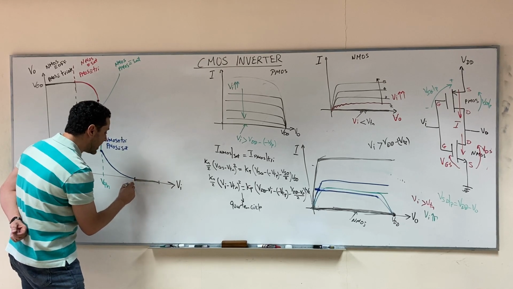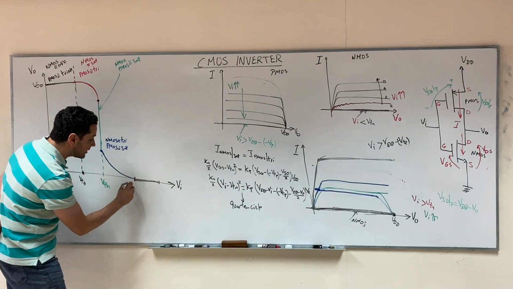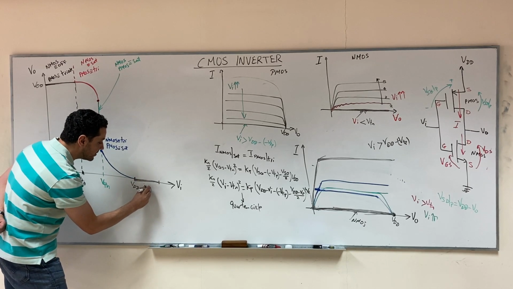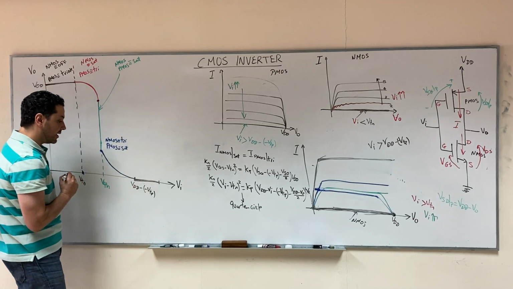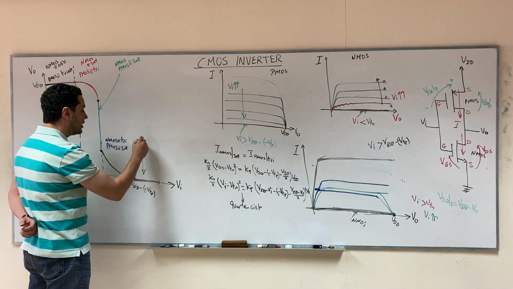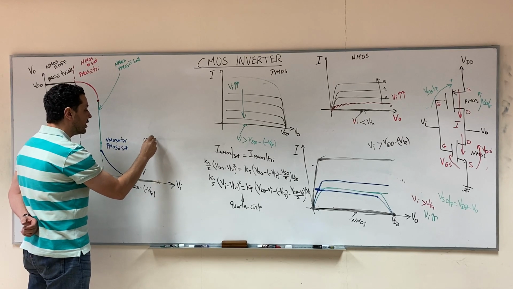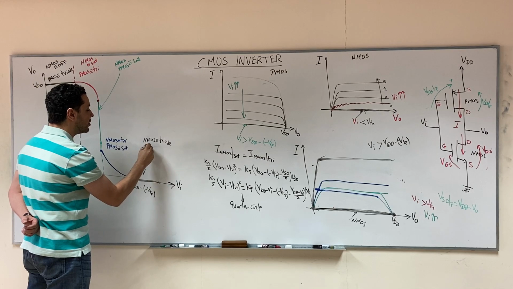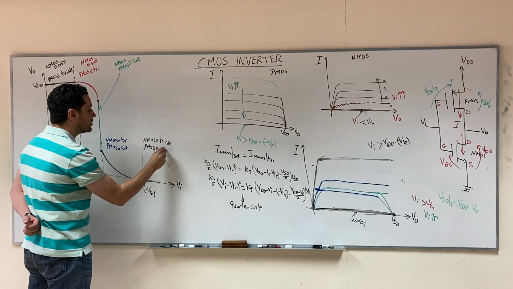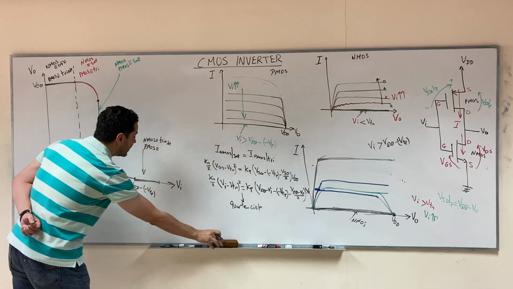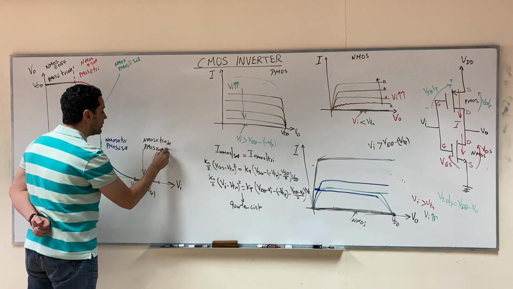And again, this happens when V input is greater than VDD minus VTP. Okay? And in this region, the NMOS will be in triode and the PMOS will be off.